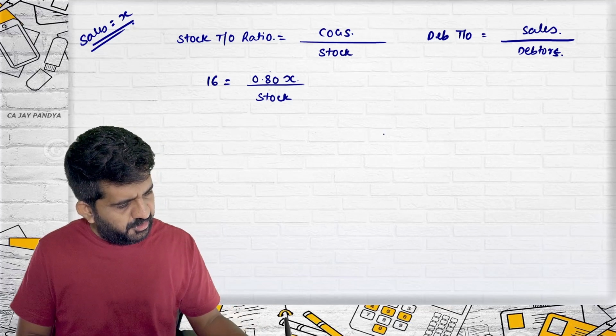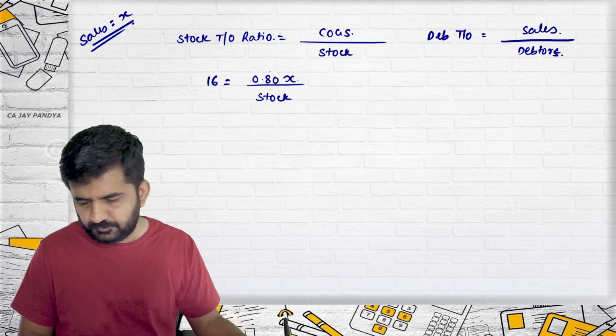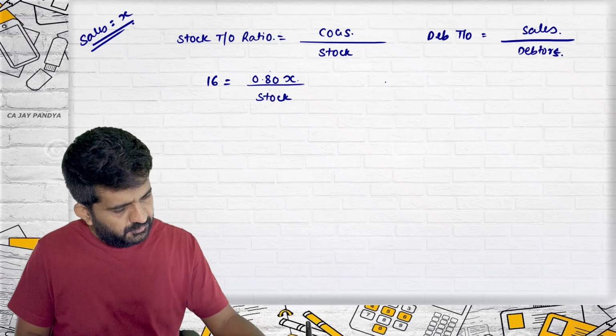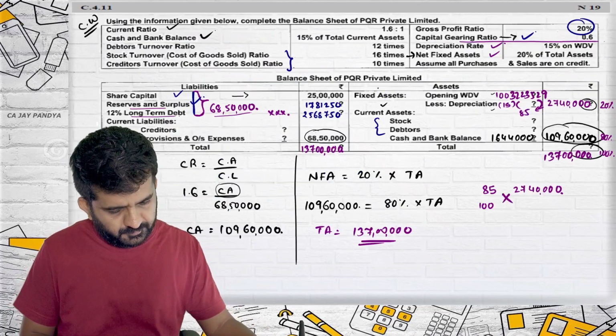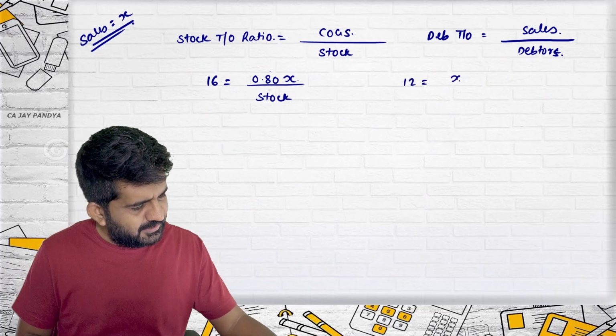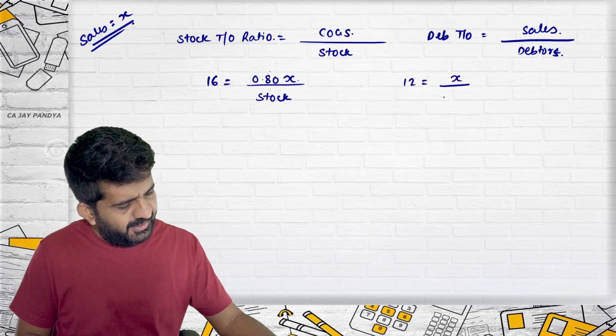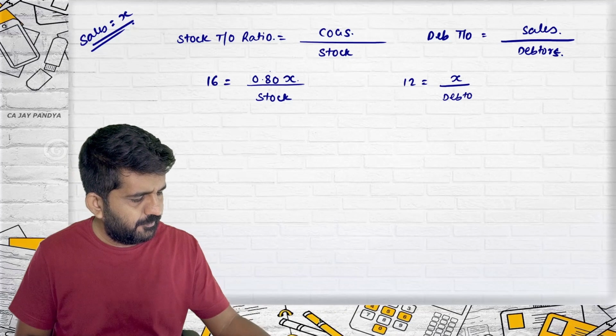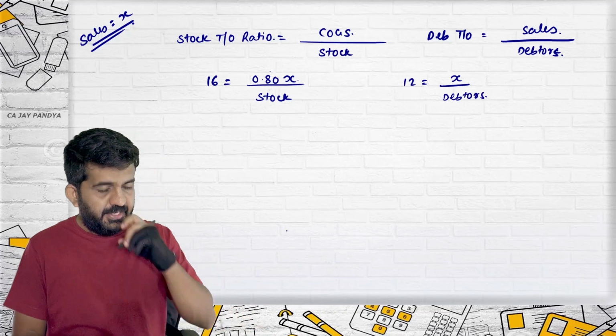Debtors turnover ratio is 12. Sales is X divided by debtors.